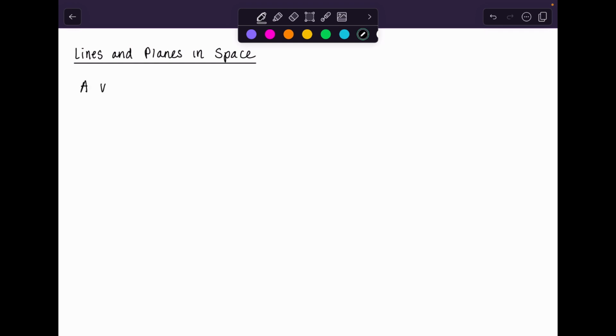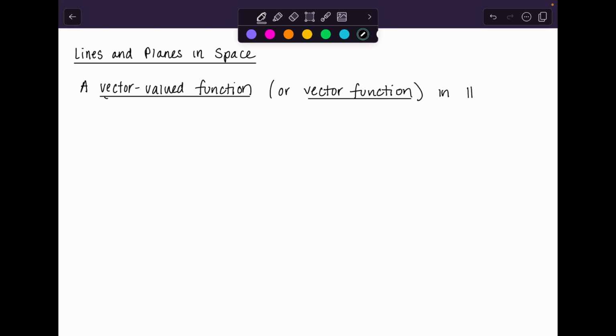A vector valued function, specifically, we're going to just talk in R2 for right now, or you can simplify this as a vector function, in R2, or similarly in R3, is really a function of a specific form.